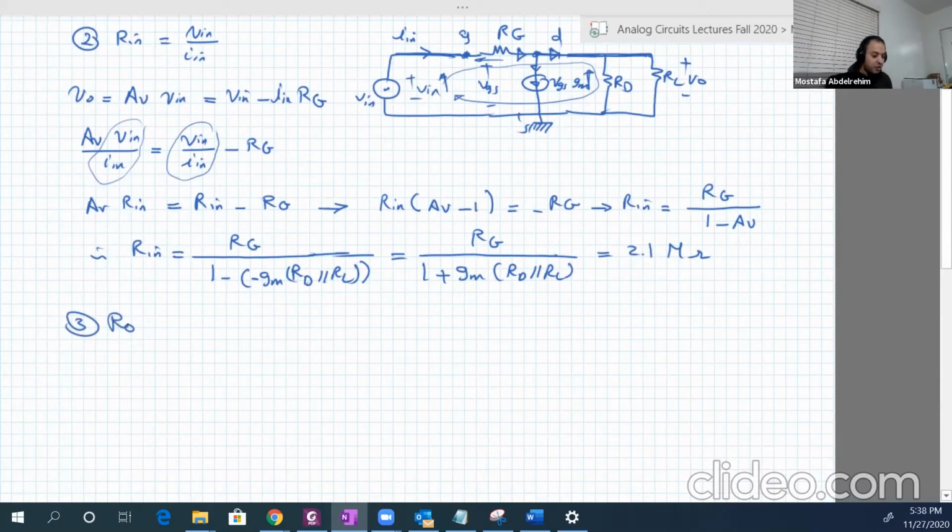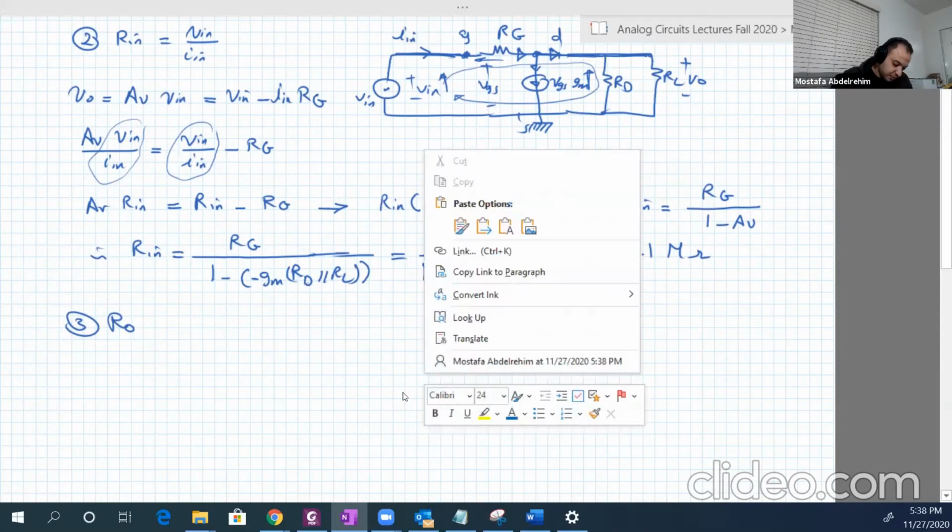Number 3, RO. For RO, we're going to cancel the input and replace our load RL, I'm sorry, by VX IX. So from that same circuit, let's copy and paste.